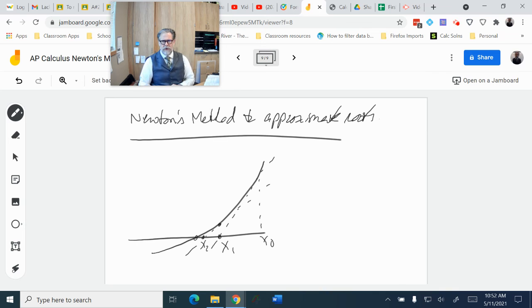And every time you do it, under most circumstances, assuming you started close by and you don't have some of the failure points that we talked about earlier, after a certain number of iterations, you will eventually get to the root accurate to as many decimal places as you are interested in.